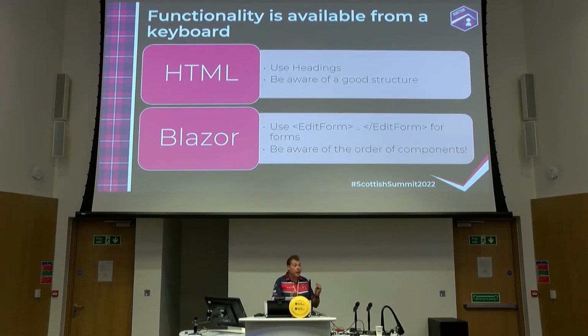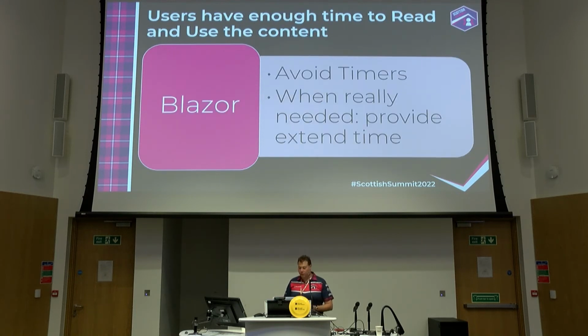And be aware of a good structure. In Blazor, if you work with forms, and we're going to show also a form, I didn't show the form yet because I want to have surprises also in the demo. But if you want to work with a form, you use the EditForm and the /EditForm for your forms. And also be aware of the component order in a tab order in your code.